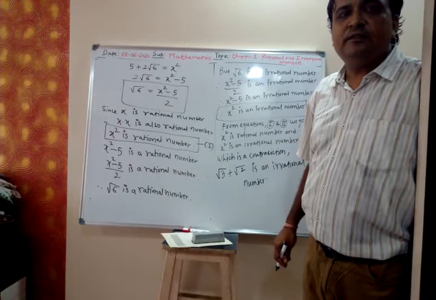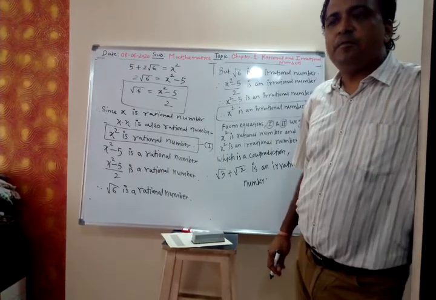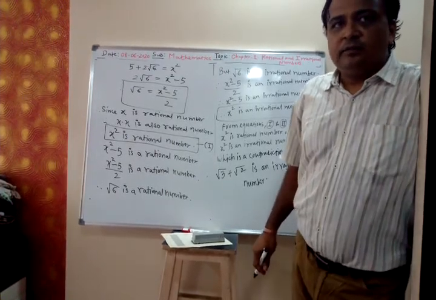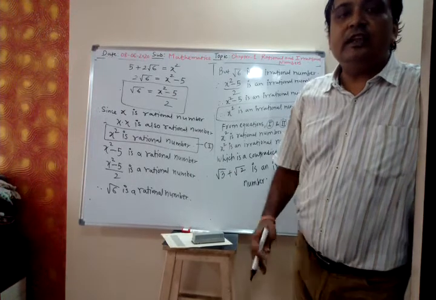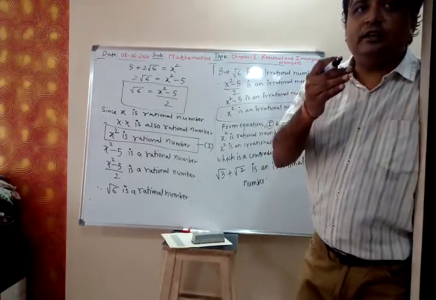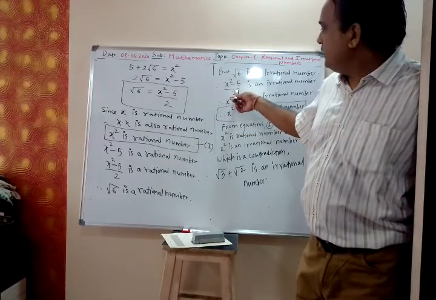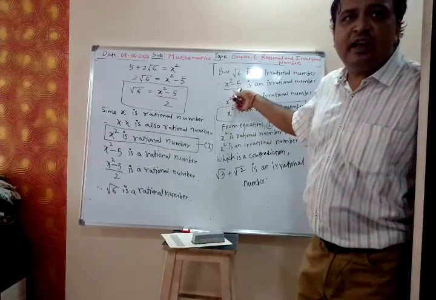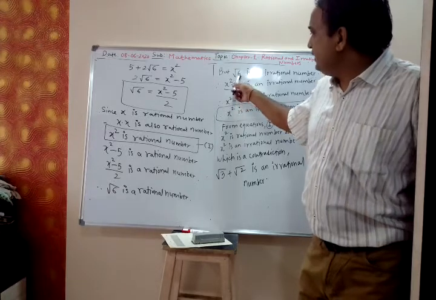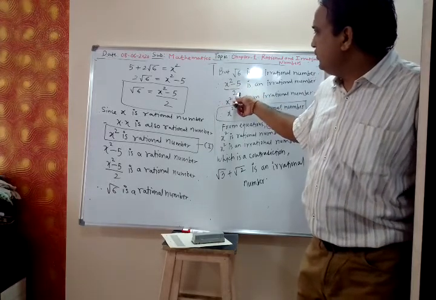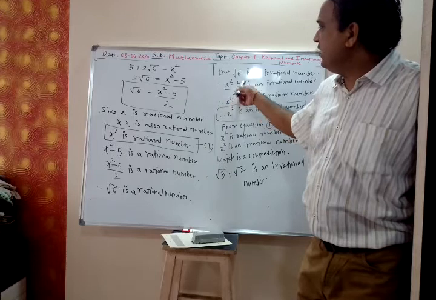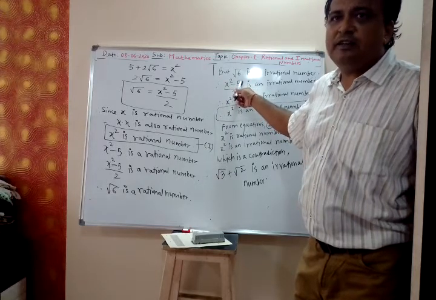But sir, where did the upon 2 go? That is what I am telling. That 2 I have omitted because 2 is not irrational. We omit this 2 because this entire part is irrational.